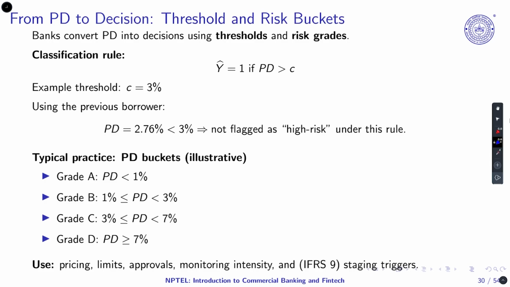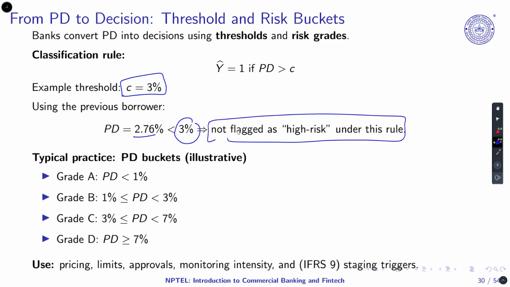Suppose the threshold is around 3%. It should not go above that; it should be below. So 2.76 is less than 3%. It means that the borrower will not be flagged, and the high-risk rule will not be applicable, because the probability value we got is 2.76 and the threshold is 3%.